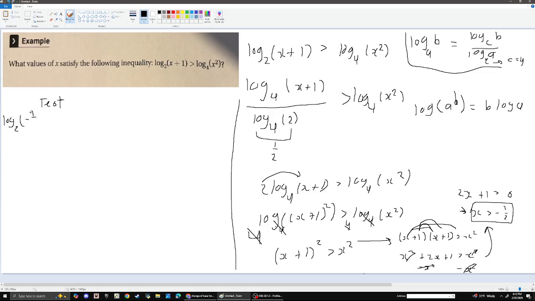negative 1/4 plus 1. We don't know, so we're gonna put that question mark. Log base 4 of negative 1/4 squared. This is gonna be 3/4. This is going to be 1/16.